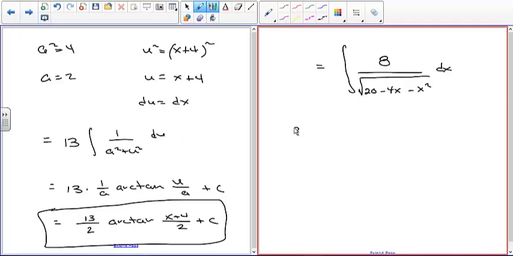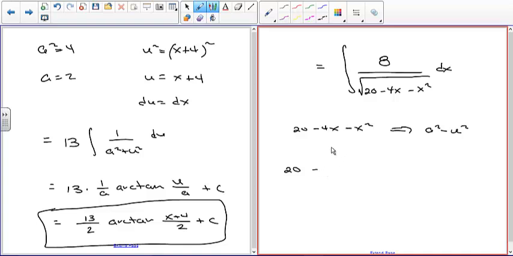So I'm going to take 20 minus 4x minus x squared. And what I'm trying to do is get a squared minus u squared. That's the idea. So the way I do this is I take the constant just like I did in the previous problem, and I factor out the negative sign.